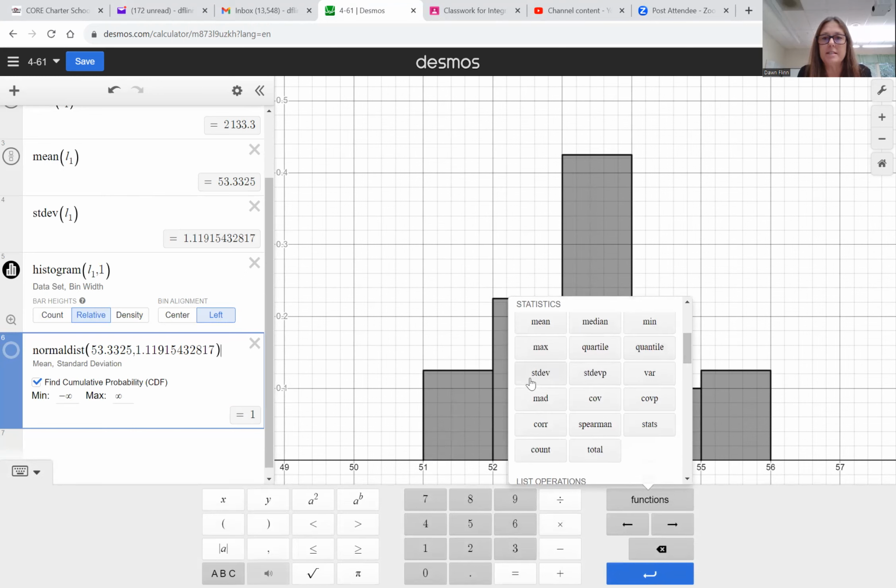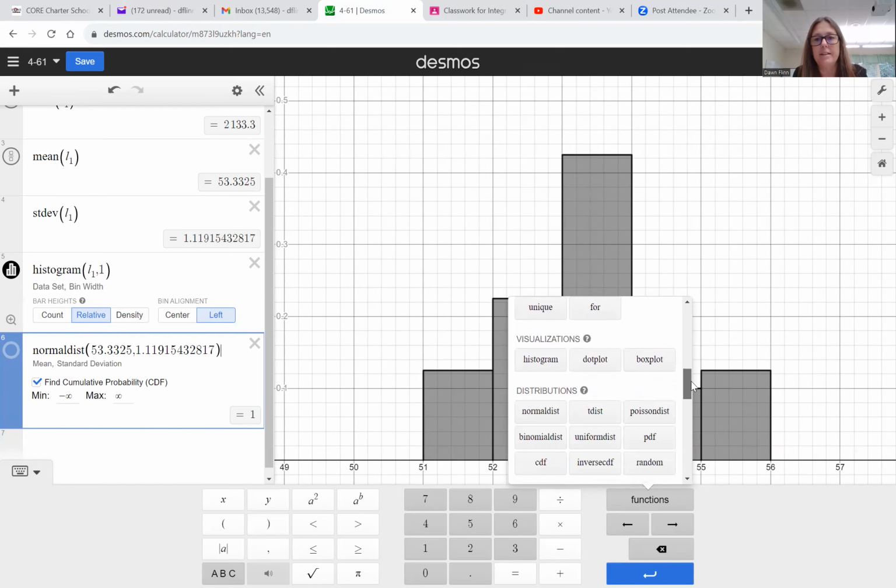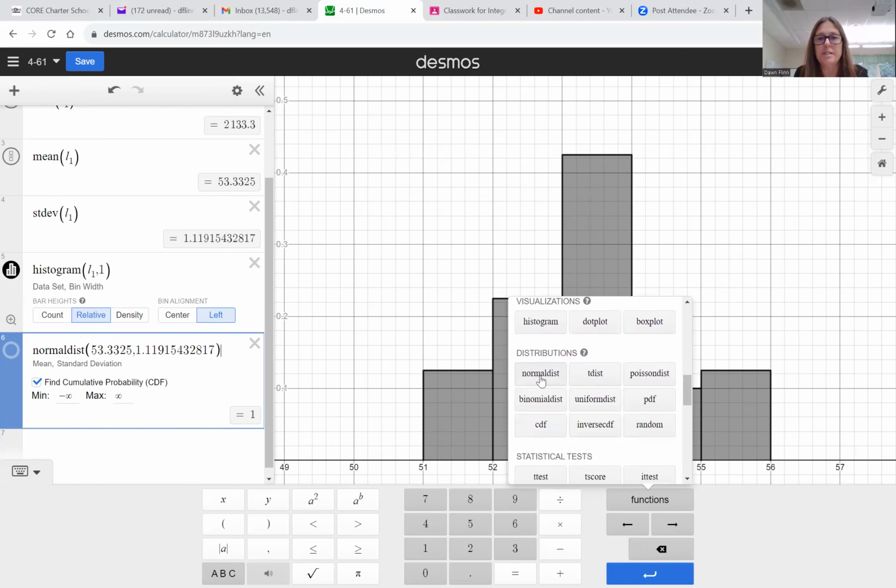It's under statistics, and it's right there. Then I needed a normal distribution. You can either type normal dist and open parentheses and put the mean, comma, standard deviation by copy and paste, or you can go down in your menu and find it under distributions. You can just hit that one.